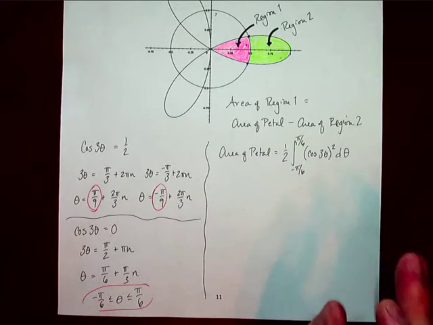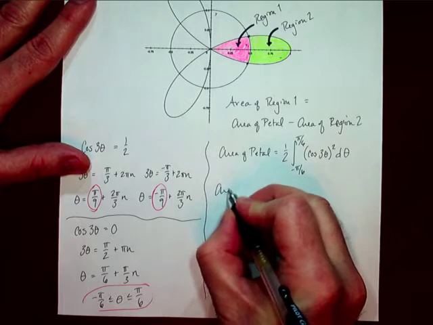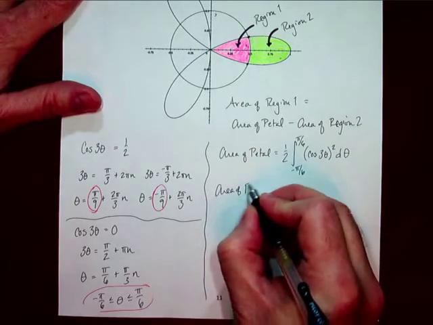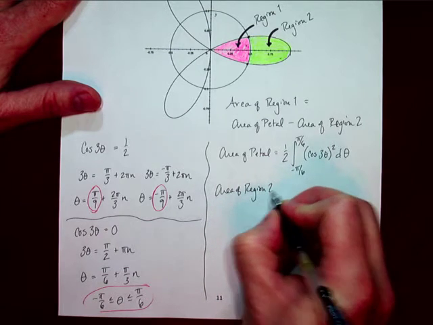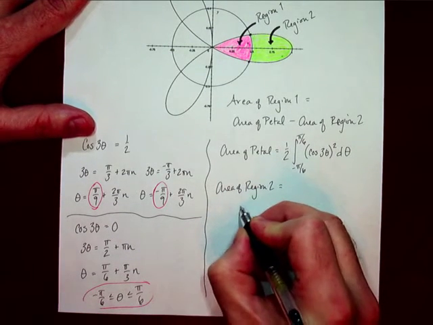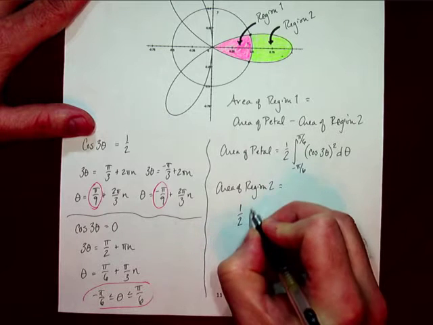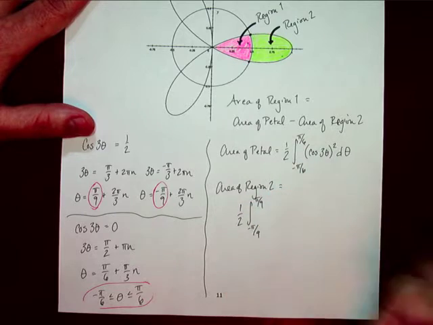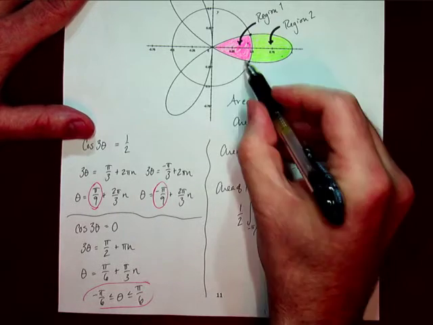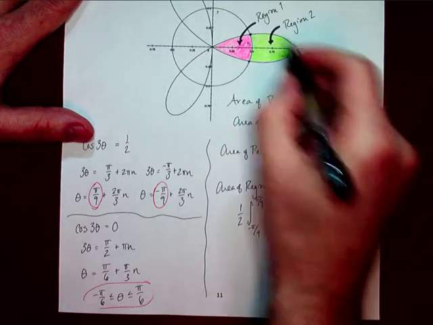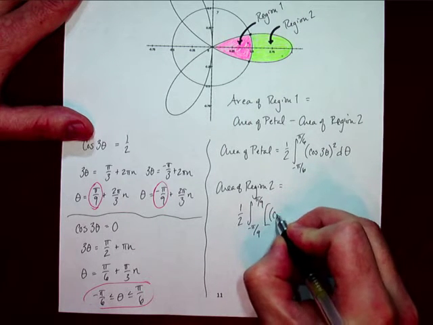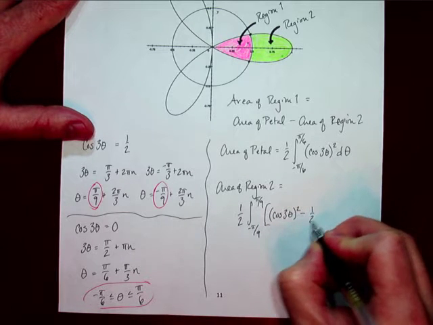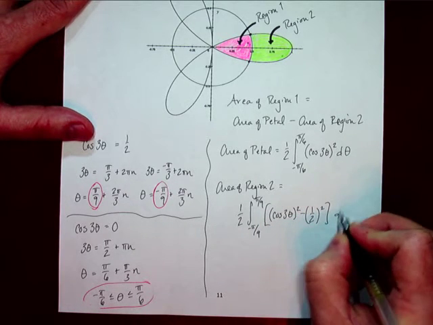Let's go ahead and formulate the area of region 2. The area of region 2 is going to be the area between the curves. And so it's going to be 1/2 integral from negative pi over 9 to pi over 9. And we're going to take the outer one, okay, which is going to be our petal curve, minus our inner curve, which is just numerical.